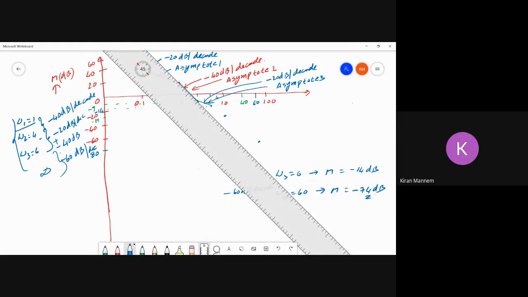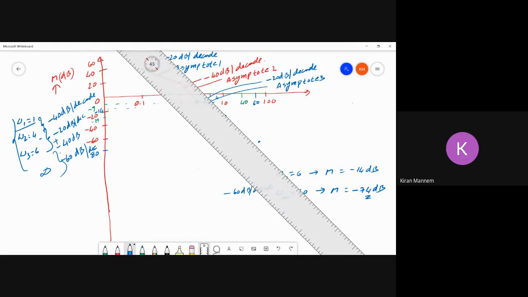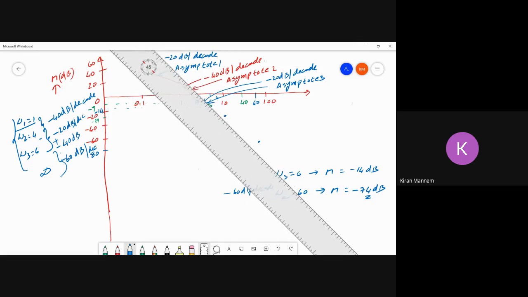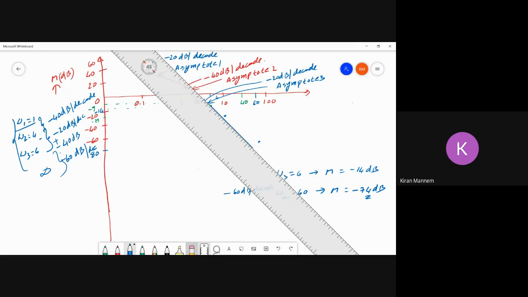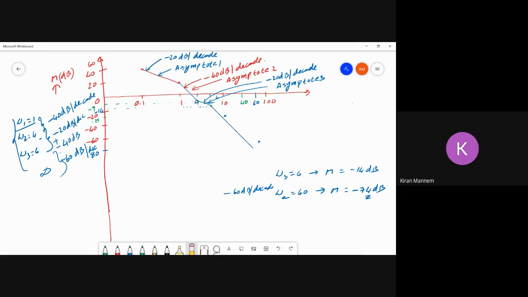So assume this is minus 74 dB. Sorry, minus 74 dB.